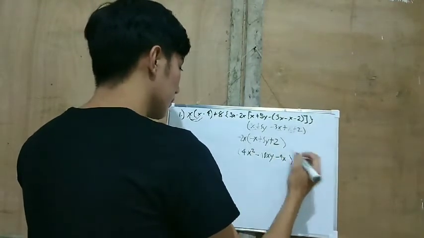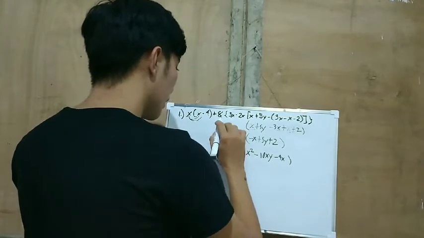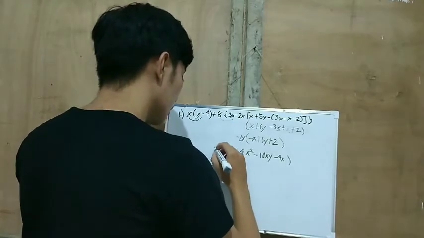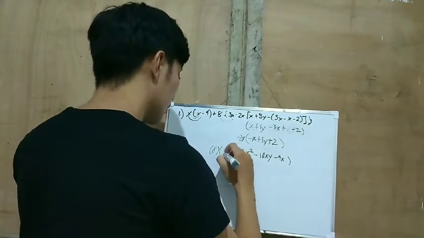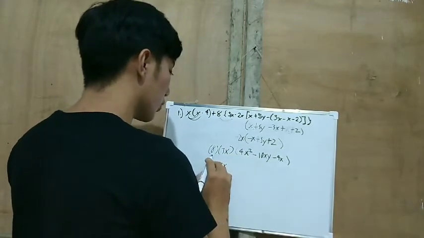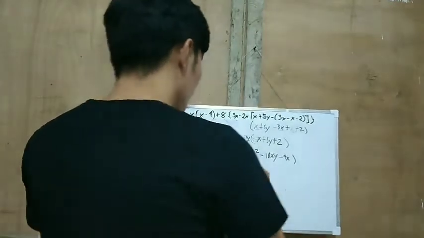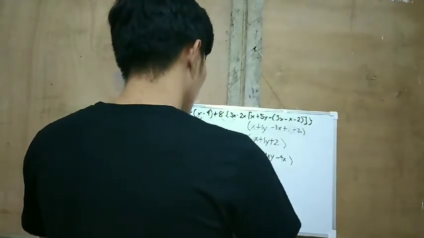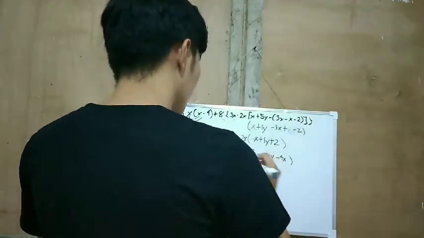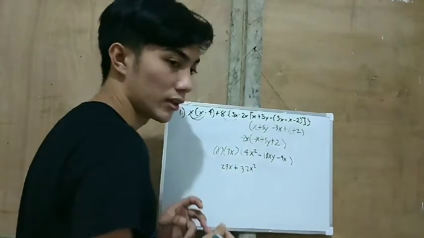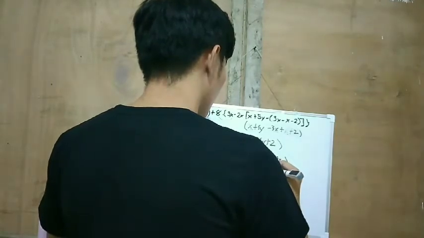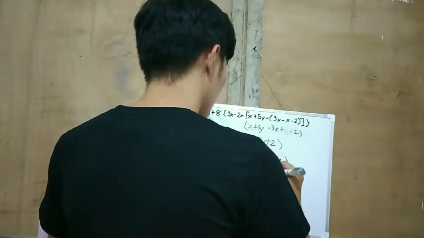Then after you did that, multiply 8 to 3x, and that would be 24x, and 8 multiplied by 4x squared, and that would be 32x squared, and 8 multiplied by negative 10xy, and that would be negative 80xy.